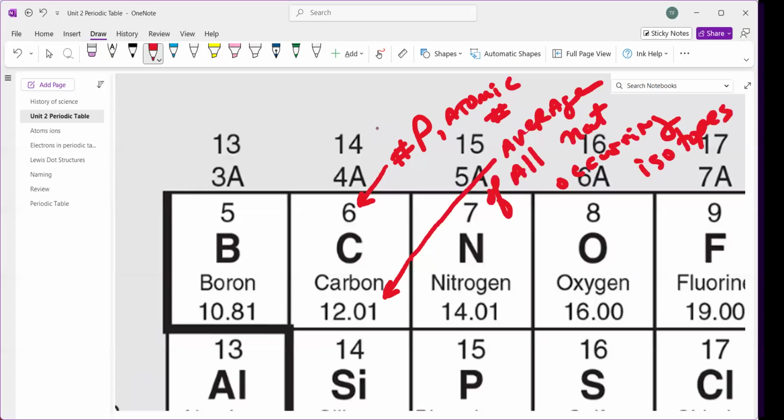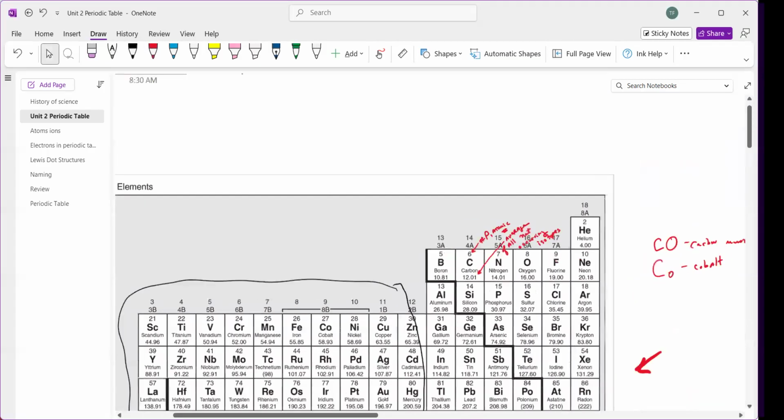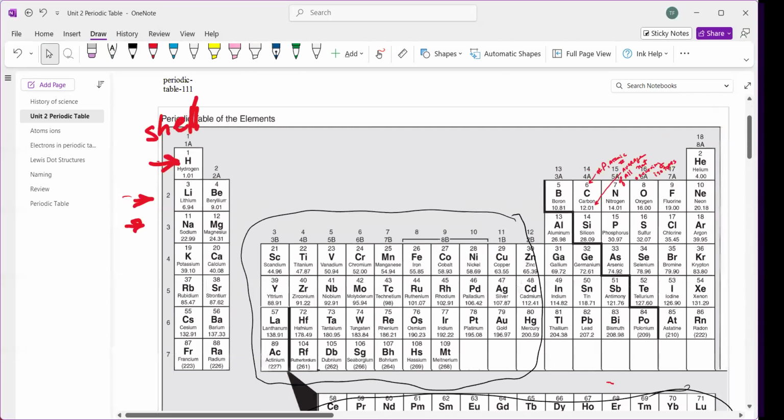Just write that down, and then I'll talk about what an isotope is. We've already mentioned it once, but I'm going to get into it in big time detail. And there are some other things as well.